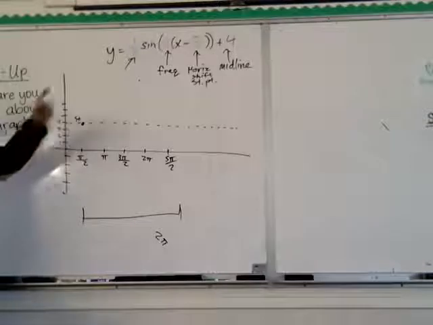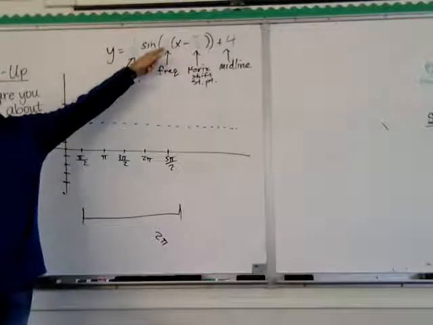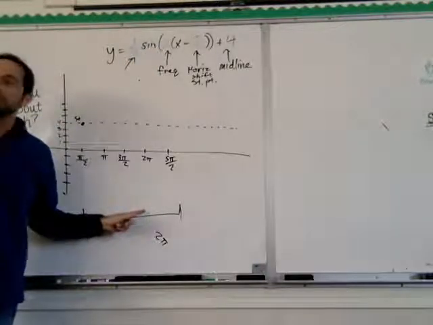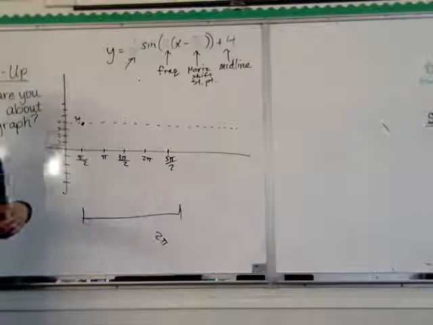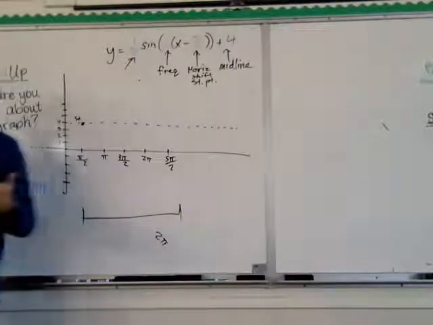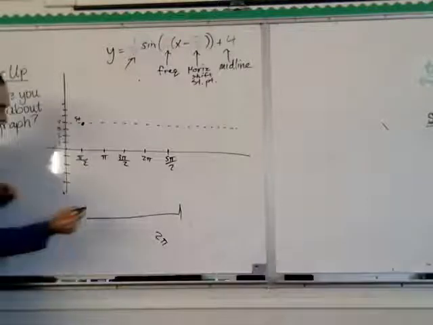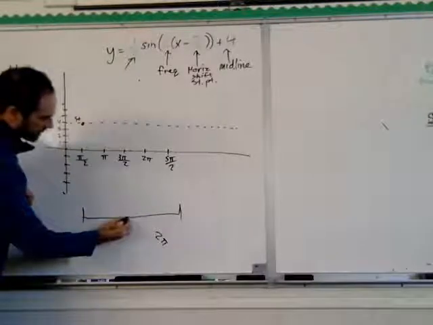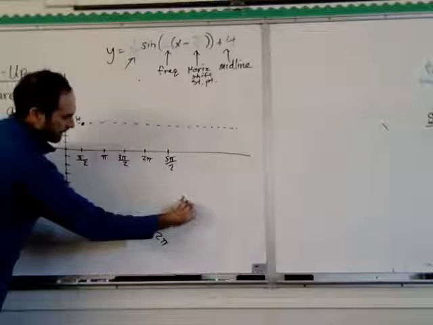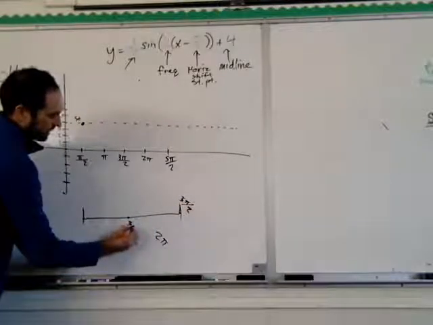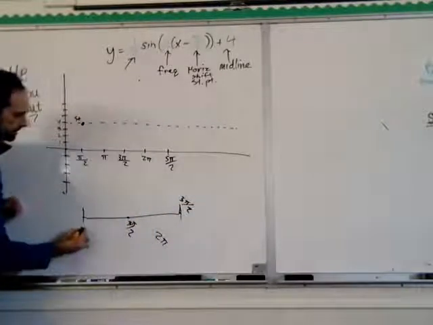If I have to make 2 waves fit within this, approximately how far would one wave take before it repeats? So watch. I'm going to go ahead and go from here, and I'm just really breaking this in half. 5 pi over 2. This is 3 pi over 2. This is pi over 2.